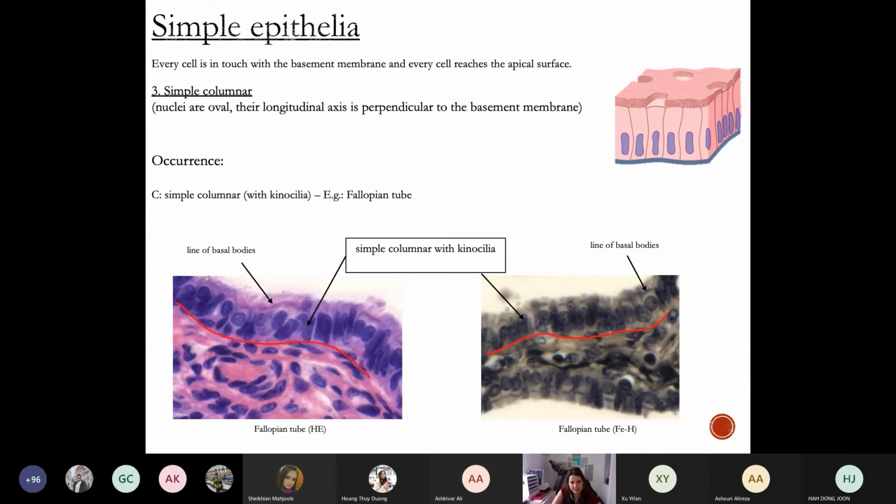And then you can see the line of the basal bodies as an eosinophilic line in case of the hematoxylin eosin staining, and as a black line in case of the iron hematoxylin staining. And above the line of the basal bodies, you can see the kinocilia of the cells. Okay, this is what you can find, for example, in the fallopian tube. Simple columnar epithelium.